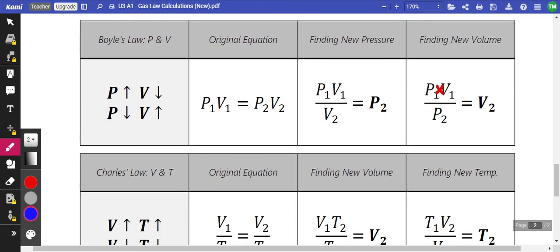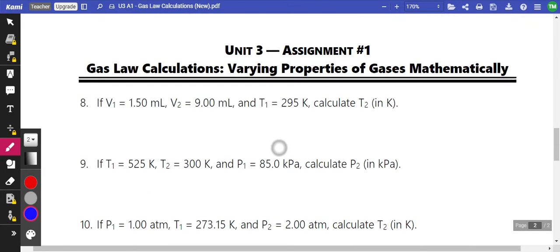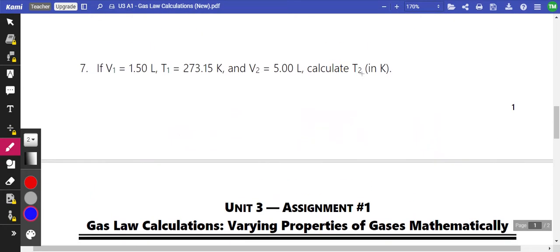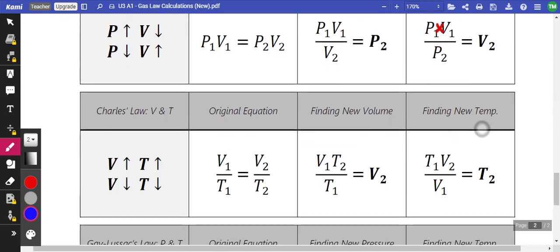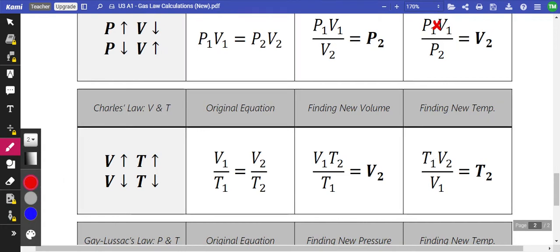All right. Well, Charles' law seems to fit that bill, where I've got volumes and temperatures. If I am solving for T2, I will probably want this version right here, where I've got T1 times V2 divided by V1, which should get me my answer as T2.